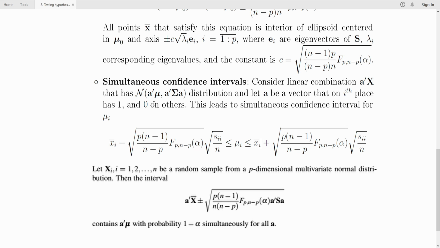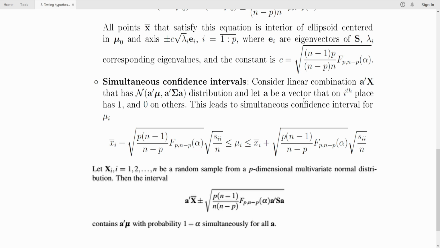So what does this actually mean to us? When we substitute A with a vector that has 1 in one place and 0 in other places, we can get the simultaneous confidence interval for each mean.